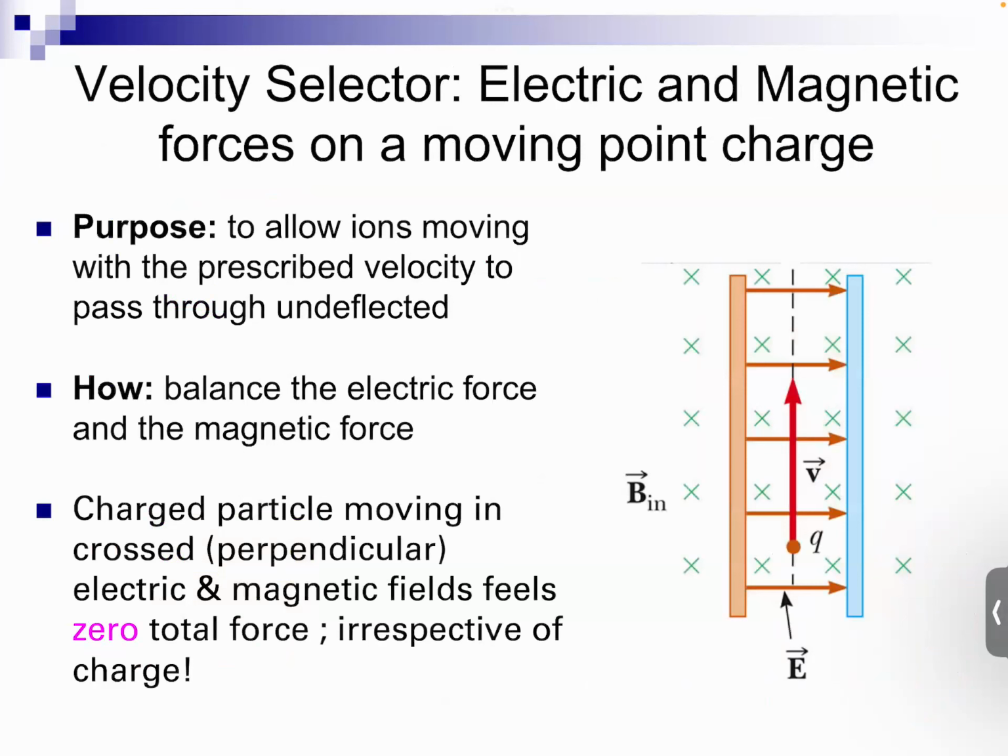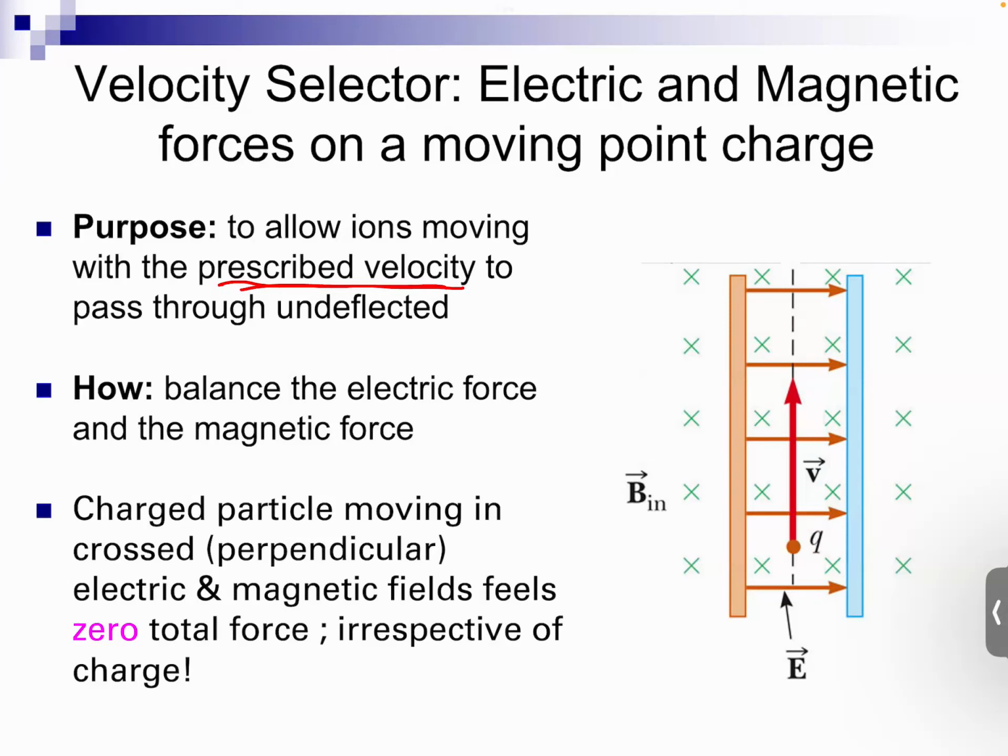So let's look at the velocity selector and how it operates and how it's able to select particles based on their velocity. So the purpose is to allow particles with some known velocity to move through this velocity selector undeflected. Okay.